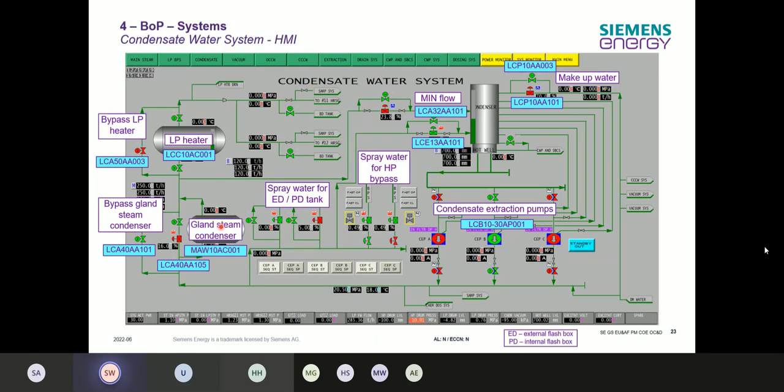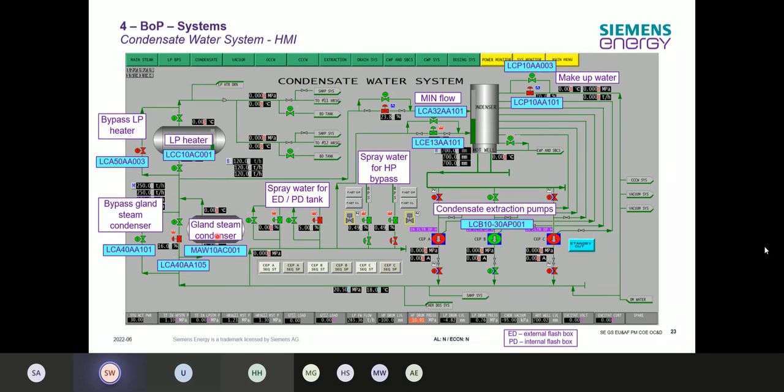This is a measure which can increase the overall efficiency, because you're getting something similar to a preheater. You're not wasting the heat energy you have there, you're using it to warm up your condensate.